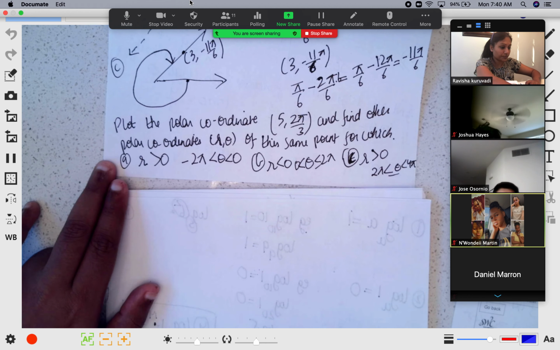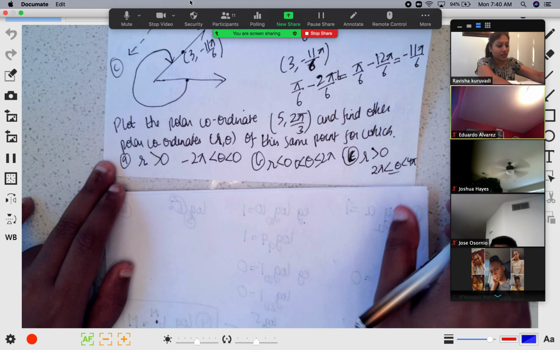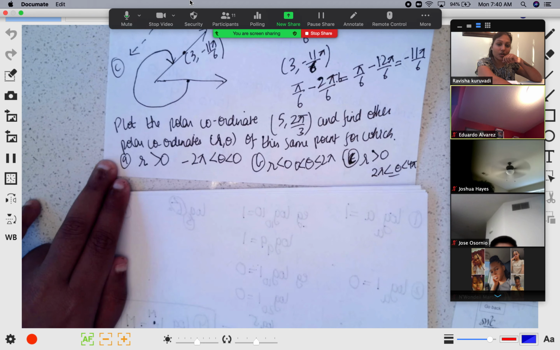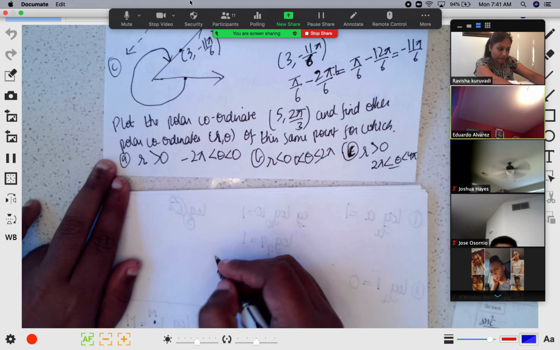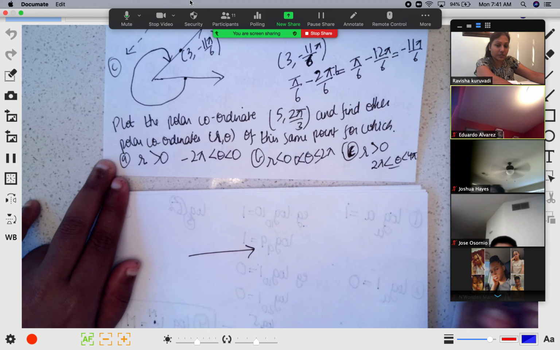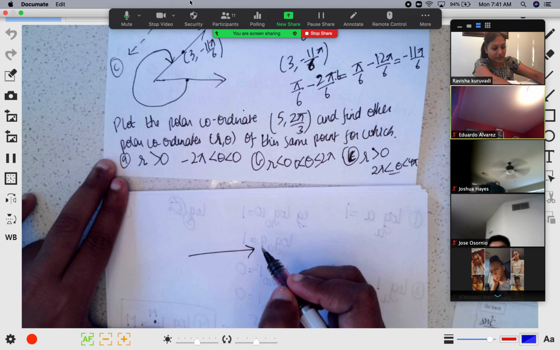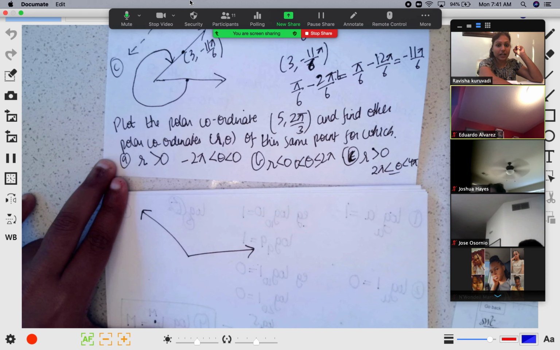Okay, Eduardo. So you have (5, 2 pi over 3). How do you plot 2 pi over 3? Which quadrant? That's going to be in the second quadrant. 2 pi over 3 is basically how many degrees? 120, yes, you're correct. So it's going to be in this quadrant.